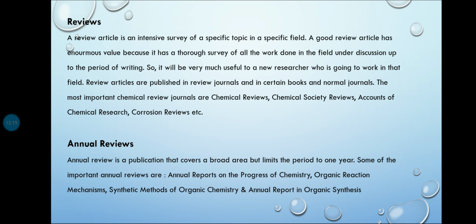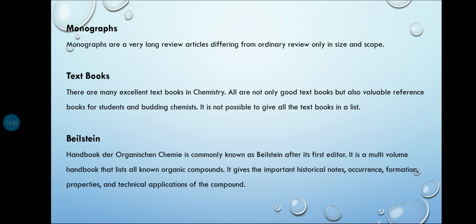Some of the important annual reviews are Annual Reports on the Progress of Chemistry, Organic Reaction Mechanisms, Synthetic Methods of Organic Chemistry, and Annual Report in Organic Synthesis. Monographs. Monographs are very long review articles, differing from ordinary reviews only in size and scope.